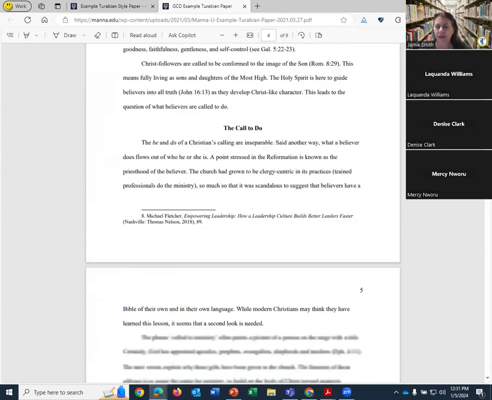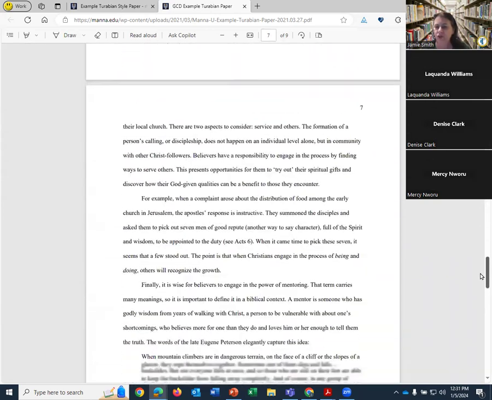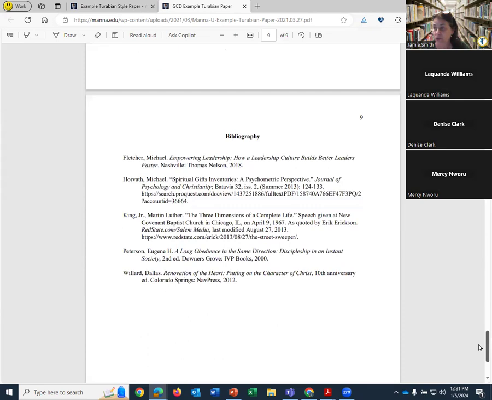Sometimes when students don't know what style they're doing, I can just look at their last page. If it's a bibliography, it's Turabian or Chicago. If it's works cited, it's MLA. If it says references, it's APA. So this is a good clue for us in the Learning Commons if you don't remember.